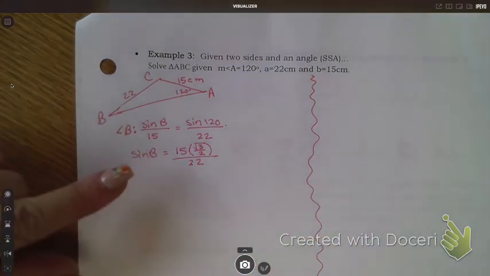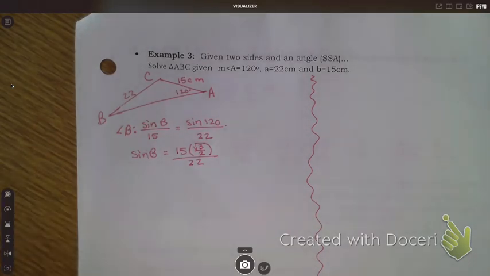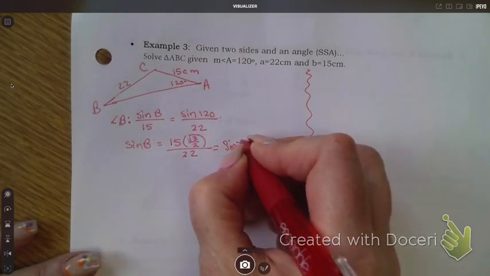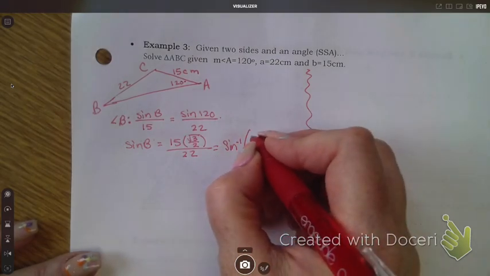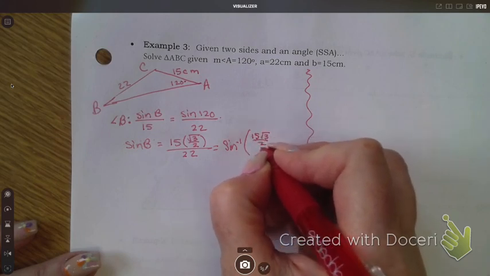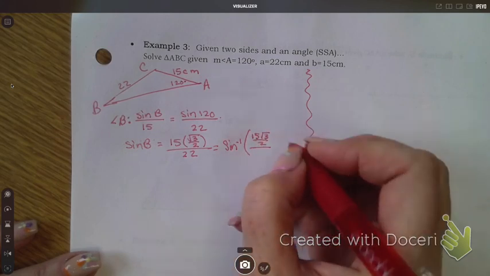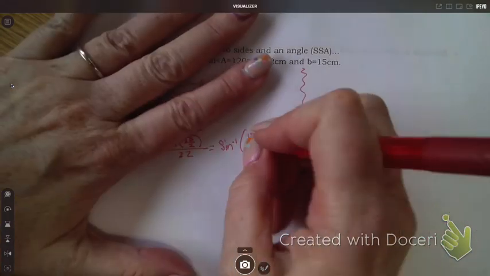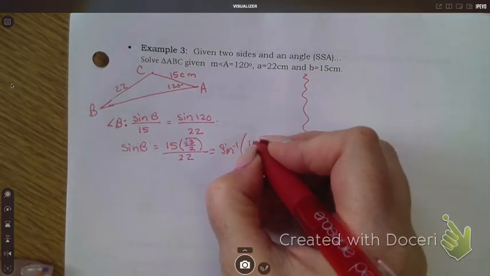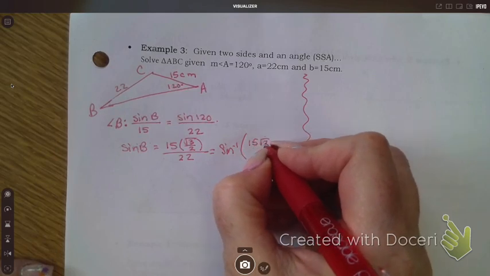Now I have sine of B. I need B. How do I find an angle? Inverse. So this is equal to the inverse sine of 15 square root of 3 over 2 divided by 22, or you could multiply by 1 over 22, so 44. Doesn't matter how you put it in your calculator. Just put it in your calculator the right way.